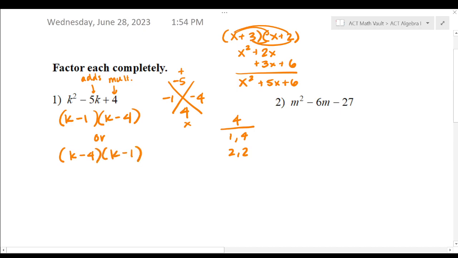But I can't change those subtraction symbols to be adding symbols. They can't be plus signs in order to get that negative 5 in the middle. So either of those answers are fine. The reason being is, commutative property tells you that, say, 2 times 3 is the same thing as 3 times 2. So either of those answers work.